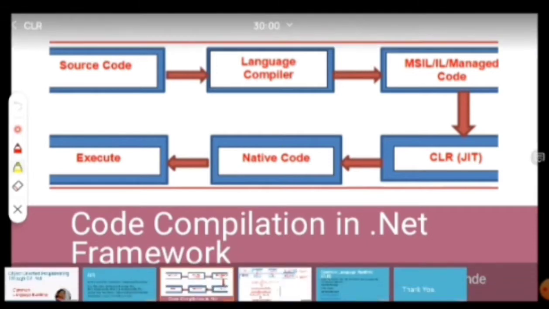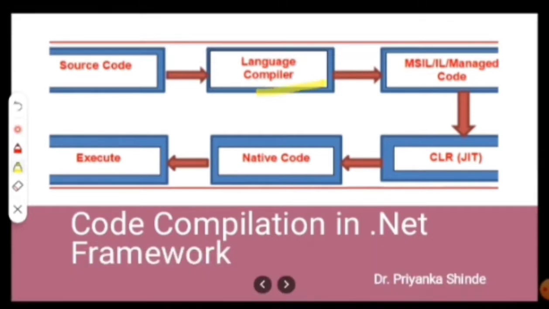See here, this is the respective language compiler. It generates the intermediate code, or we can say MSIL code, IL code, or managed code. This is the first step of compilation.